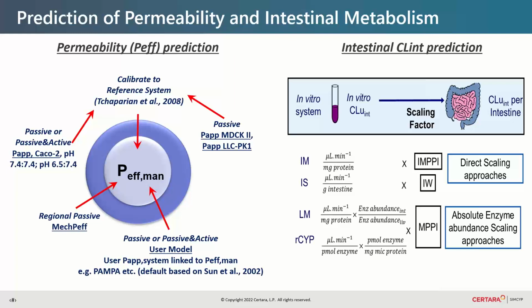Also, we can take information from liver microsomes where we know the relative enzyme abundance in the liver and the intestine, and use those to scale. All of those allow us to get an estimate of the unbound intrinsic clearance in the whole intestine for the species that we're interested in.